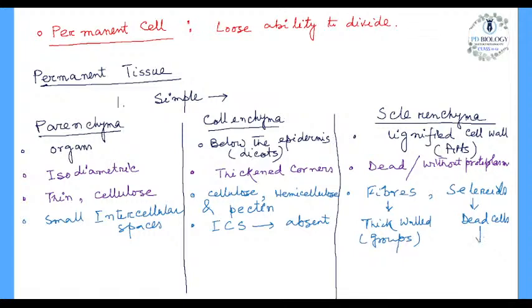So where the sclerites are mostly present, found in the fruit walls of nuts, leaves of tea, pulp of fruits, and seed coat of legumes.